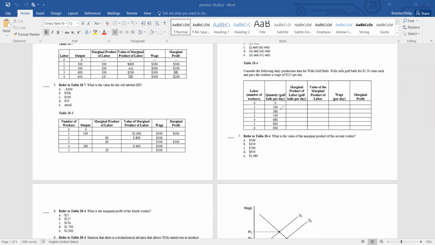I know that 380 minus 200 is the marginal product, so that would be 180. And what did they say the golf balls were? 250. So I know MPL times price is VMPL. So 180 times 250 is 450. So 7 is B as in broccoli.